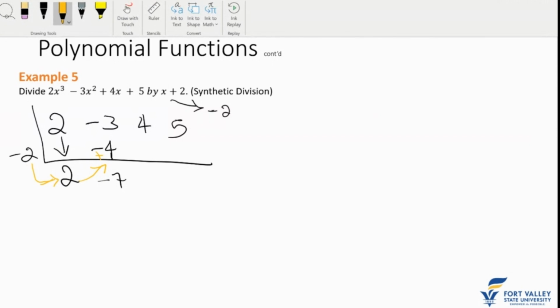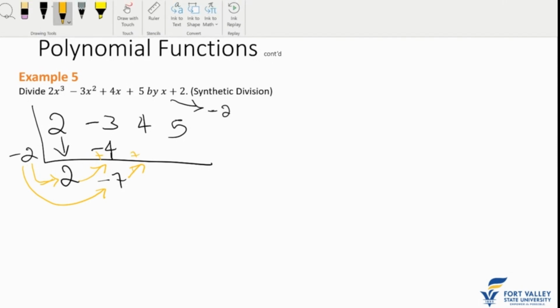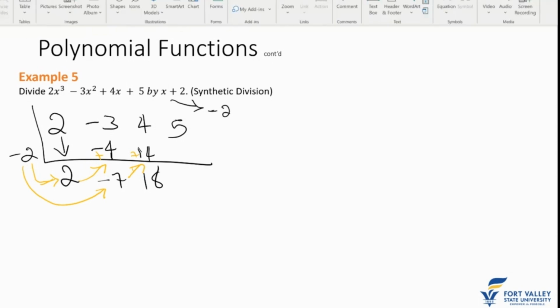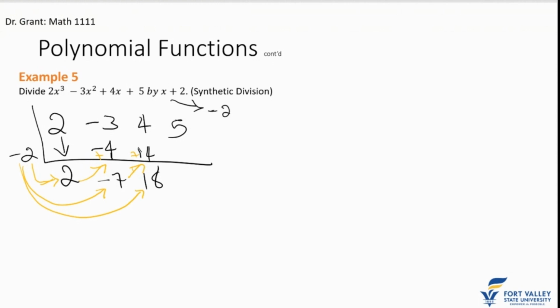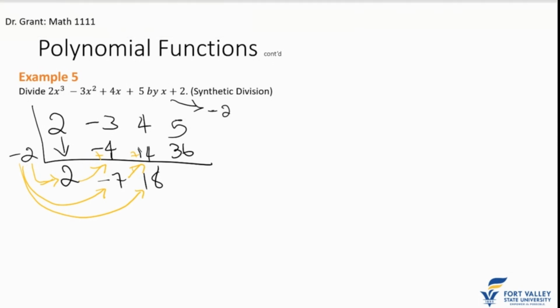So then what do I do? 2 times -7 gives me 14. Positive 14. Okay. If I add them, I'll get 18. Again, 2 times 18 is going to give me 36.